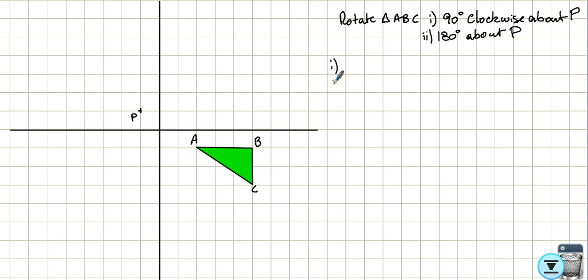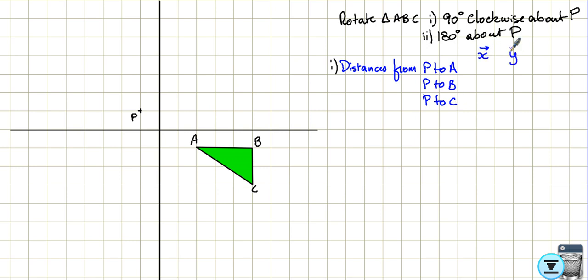Okay, as we've done in the previous example, first I'm going to find the distances from P to A, B, and C. So distances from P to A, from P to B, and from P to C. These are distances which I'm going to use twice. So x and y distances.